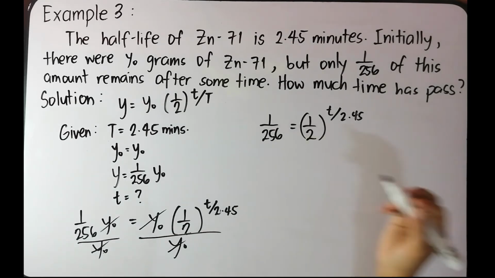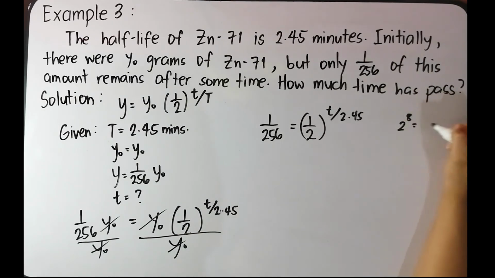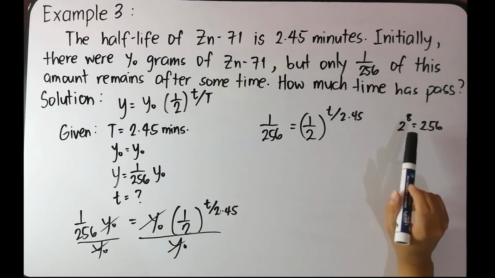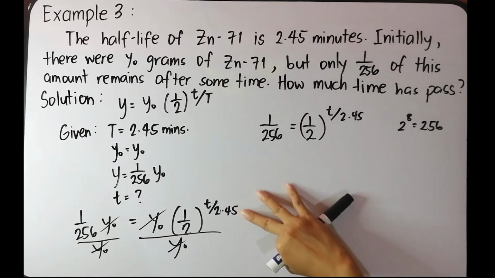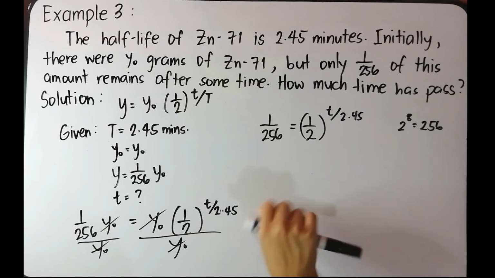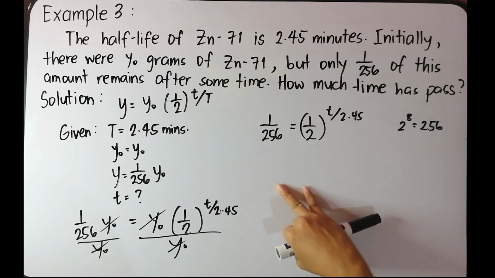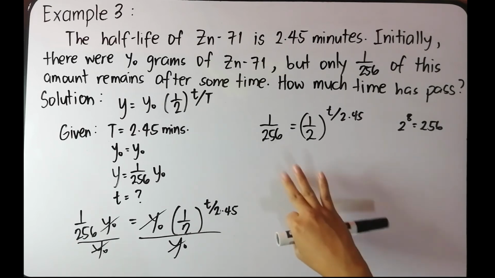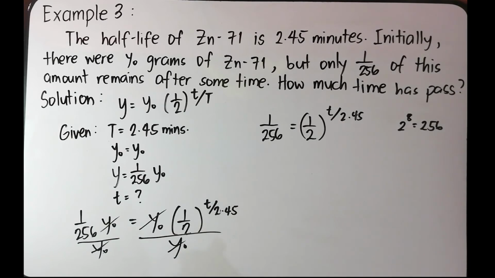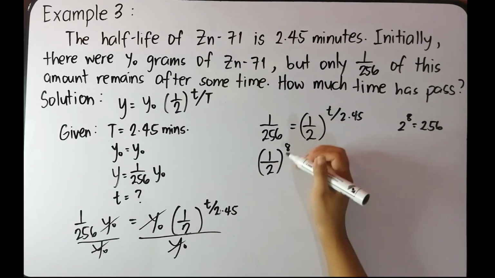So we can have 2 raised to 8, which equals 256. Because 2 times 2, that is 4, times 2, that is 8, times 2, that is 16, times 2, 32, times 2, 64, times 2, 128 times 2, that is 256. So we have here 1 over 2 to the 8.